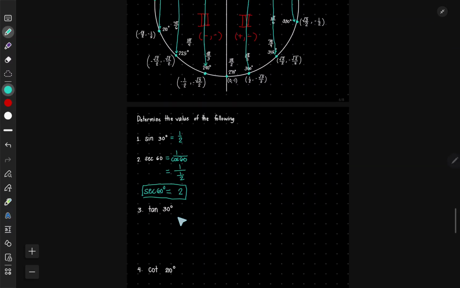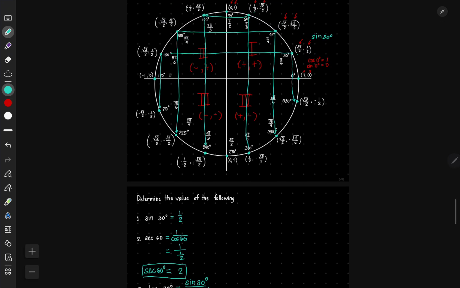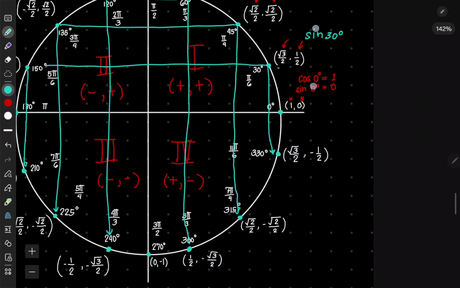So, tangent 30 naman. So, the tangent, we know that tangent theta is equal to sine over cosine, or simply, this is equal to sine 30 degrees over cosine 30 degrees. So, let's go to the unit circle. We both need the x and y coordinates of our unit circle.